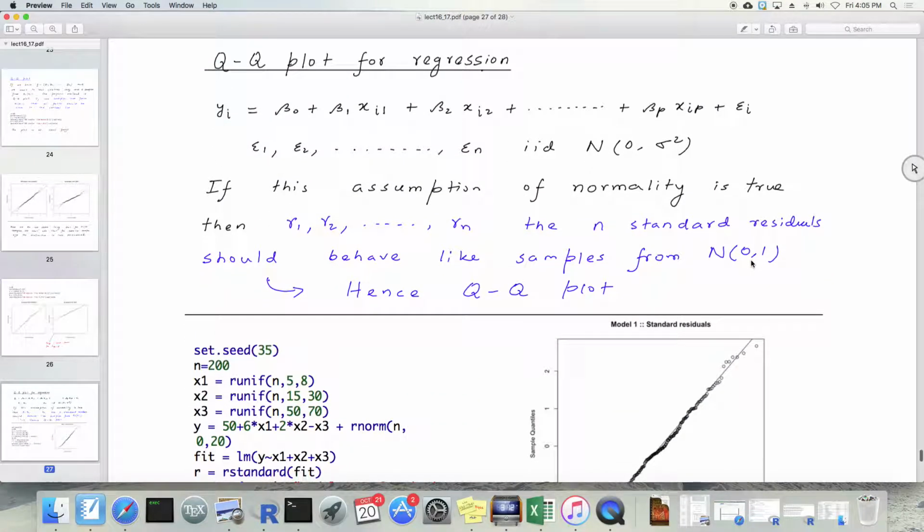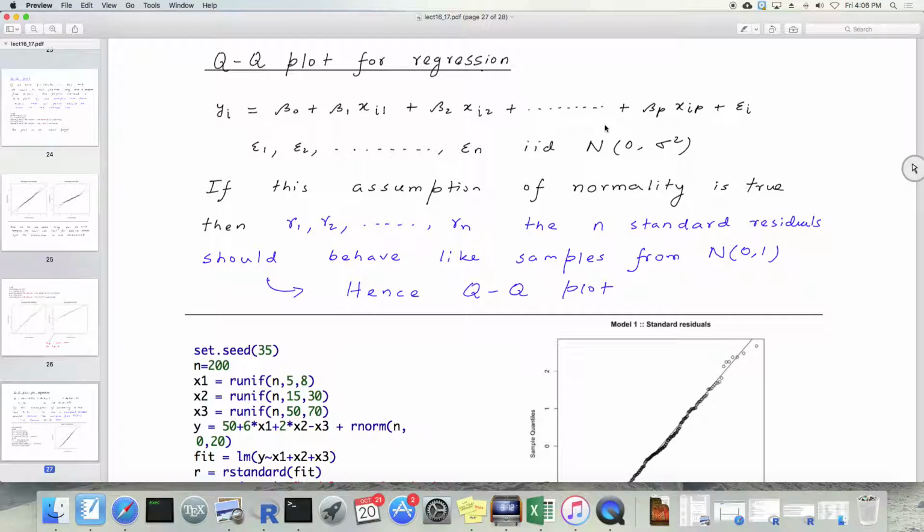Now, how does it help us? We know that our model is something like this: yi, the ith observation, equals beta naught plus beta 1 xi1 plus beta 2 xi2 plus ... plus beta p xip.